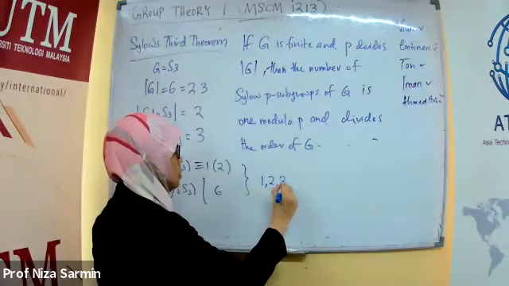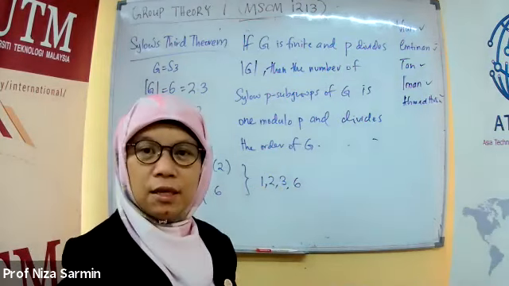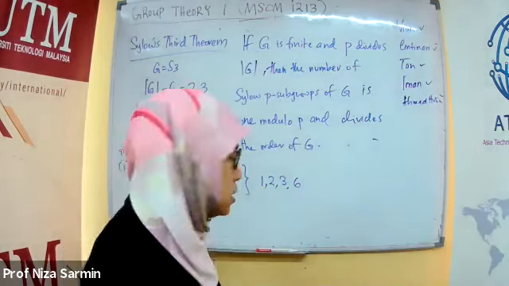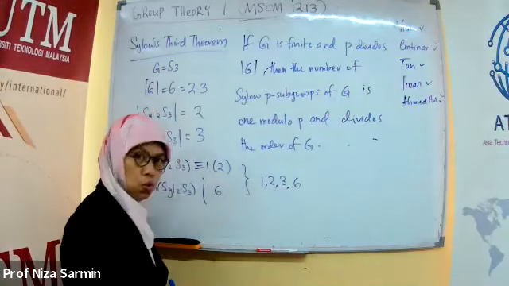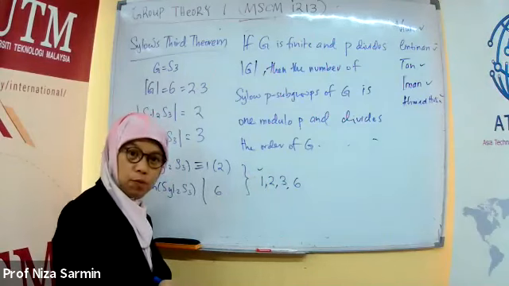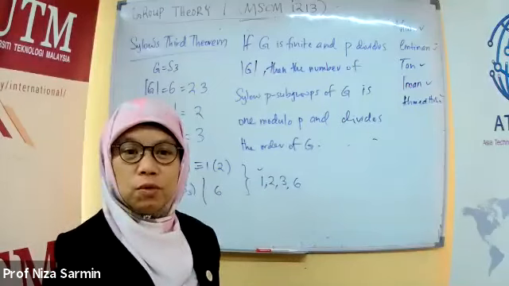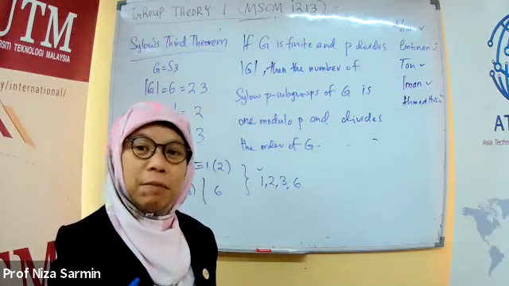1, 2, 3, 6. Okay, these are factors of 6. Which one of these is 1 modulo 2? You know modulo, right? 1 is 1 modulo 2. 2 is 0 modulo 2, because you divide by 2 and take the remainder.